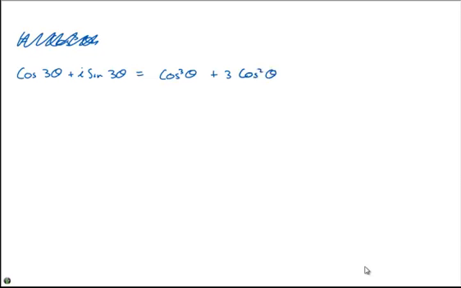Alright, so what will we be left with? Tidying it up a little bit. I originally started with this, and through my binomial theorem and working it down and tidying it up, I now have cos cubed theta plus 3 cos squared theta sine theta plus, and I can tidy it up a little bit more.